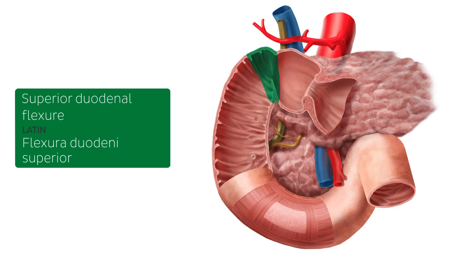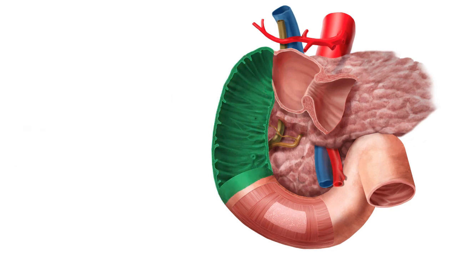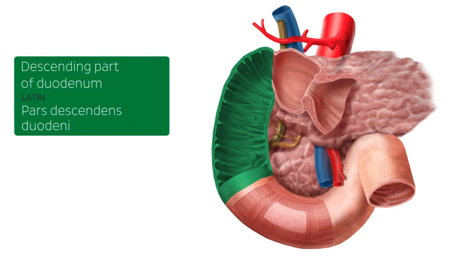And this is found just medial to the gallbladder. So the superior duodenal flexure is found medial to the gallbladder. Now, the next structure I just mentioned is the descending part of the duodenum, which begins immediately after the superior duodenal flexure.